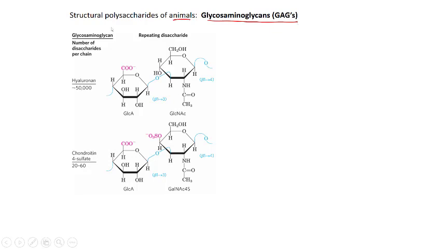So what's a glycosaminoglycan? These are polysaccharides that have disaccharide repeats. In other words, the same two monosaccharides repeated hundreds or thousands of times.